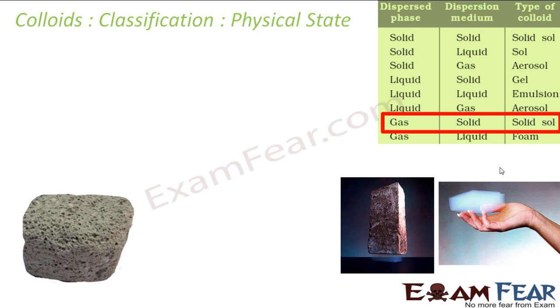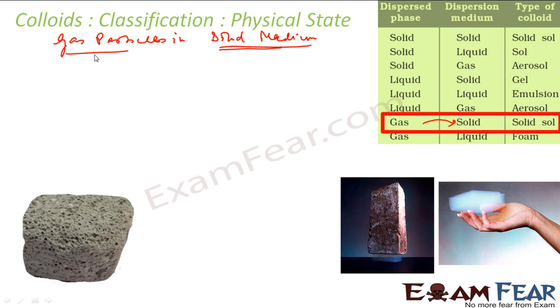The next is gas particles in solid medium. This is interesting. When we say something is medium and something is gas, right? If we talk about this, you talk about the aerogel, or the pumice stone which you get from volcanic rock.